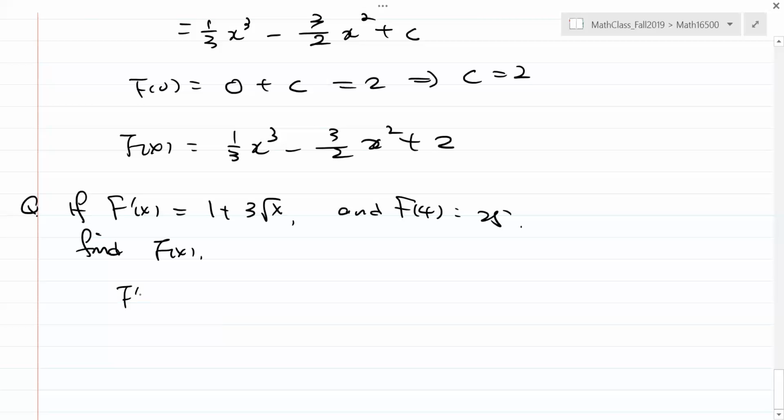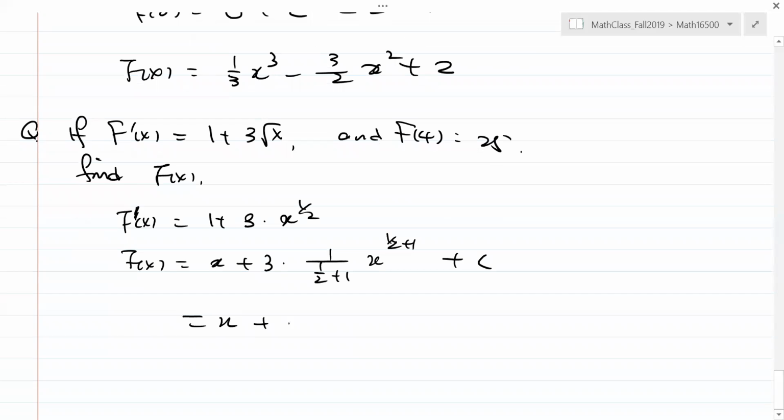First you express this in the form like that. It's going to be two terms here. The antiderivative of the first one will be just x. The second one will be 1 over 1/2 plus 1, x to the 1/2 plus 1, and plus a constant.